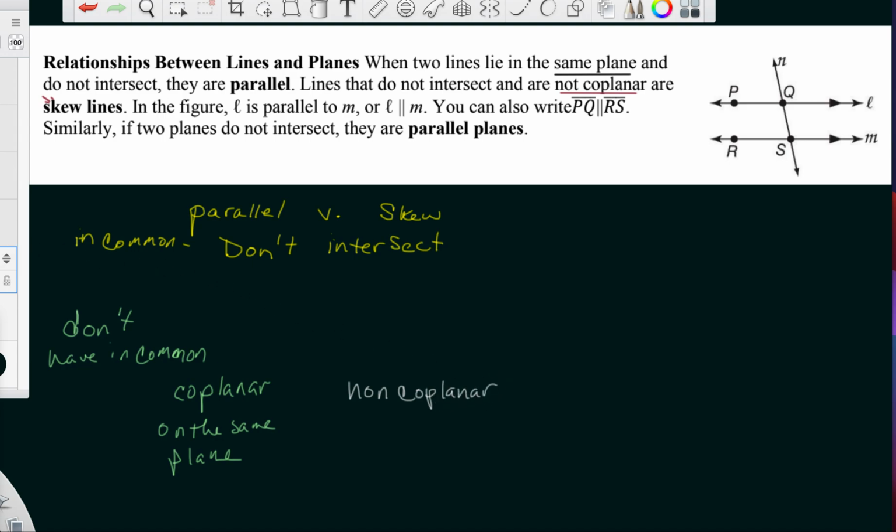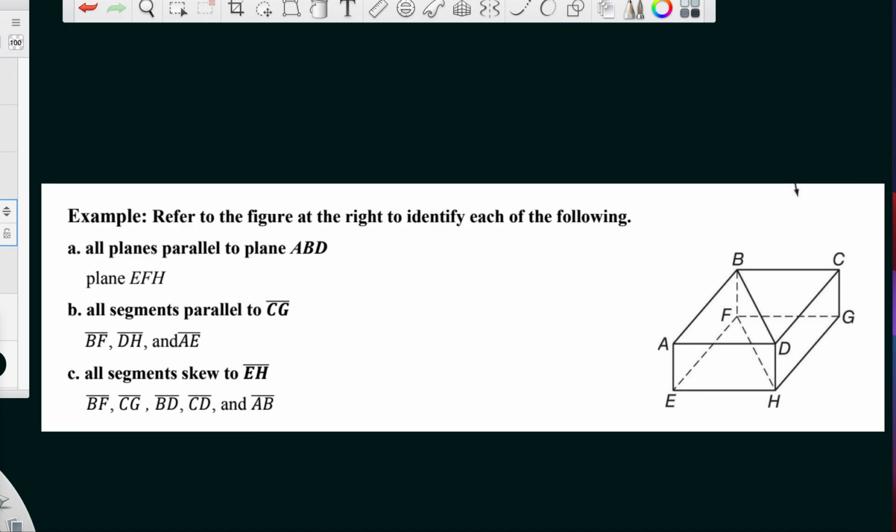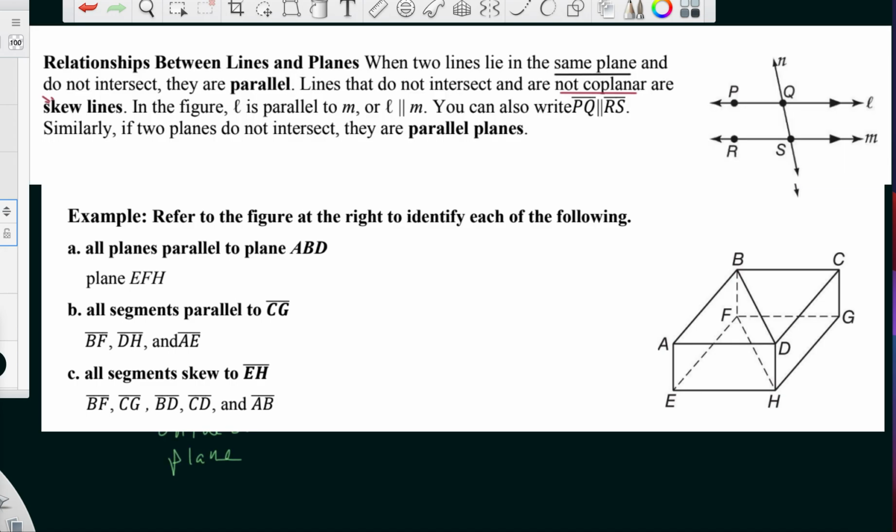Okay, you ready for fun? Here we go. Let's get onto this. All right, and I'm going to hide this. No, I'll leave it up so you can have your definitions up here. Okay, so this example goes along with this figure, right?